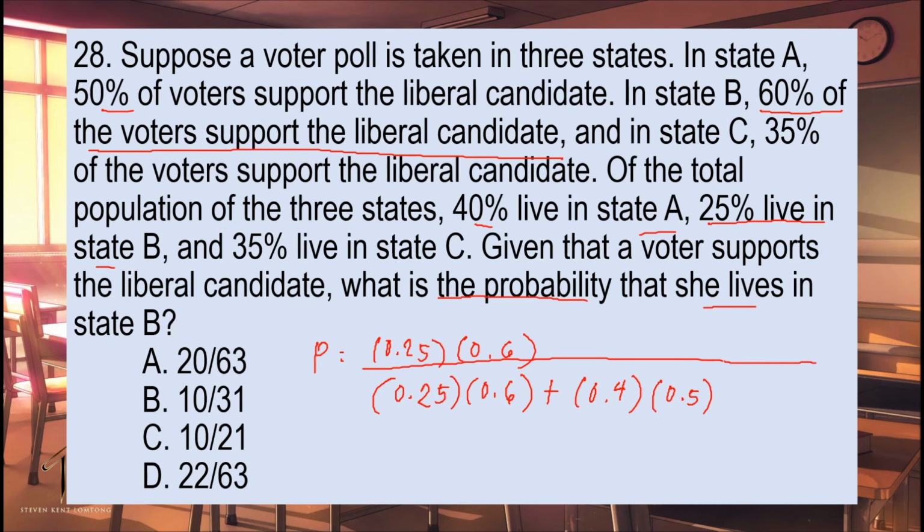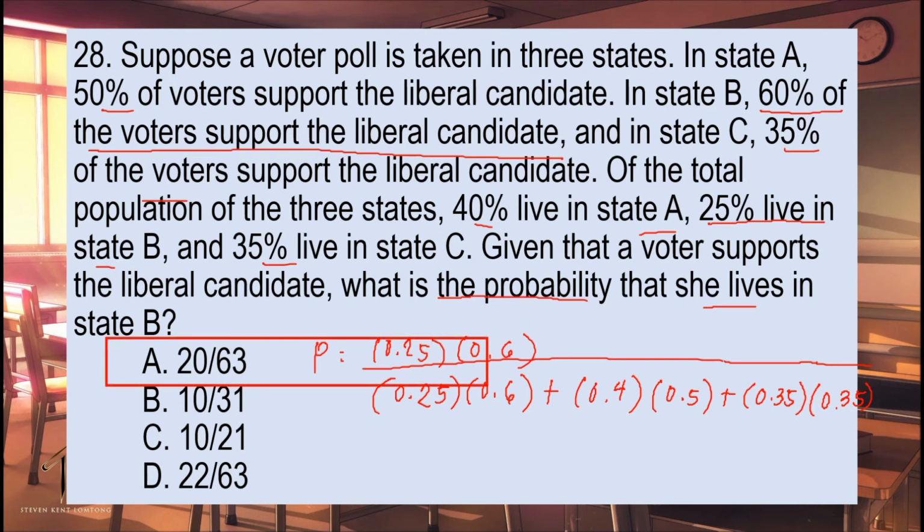For state C naman, we have 35% live in state C, and 35% of the voters support the liberal candidate. So, 0.35 also. So, our probability is equal to, ayan, 20/63.